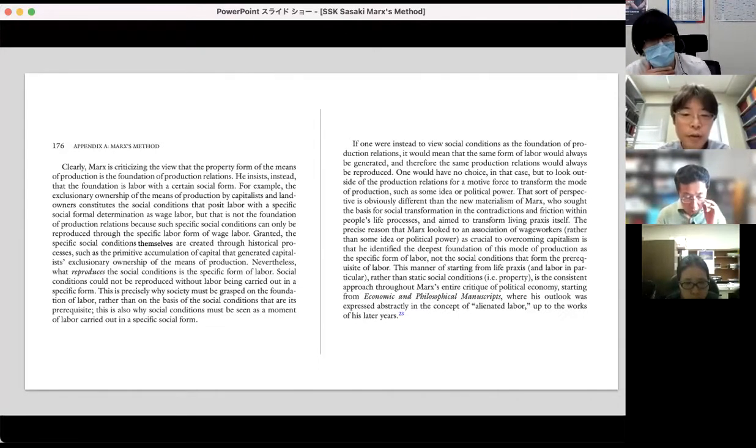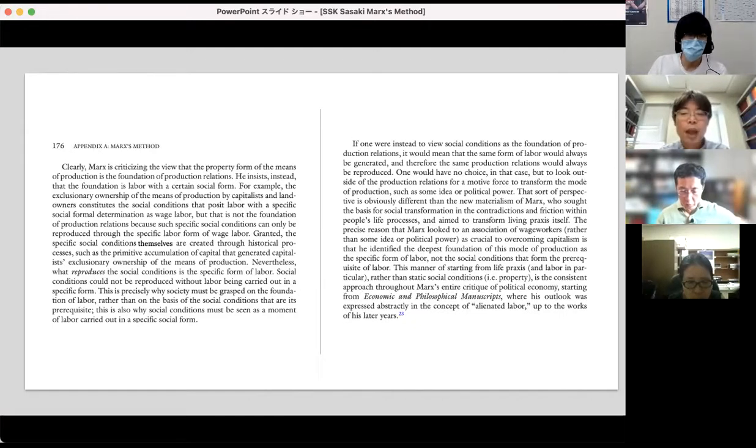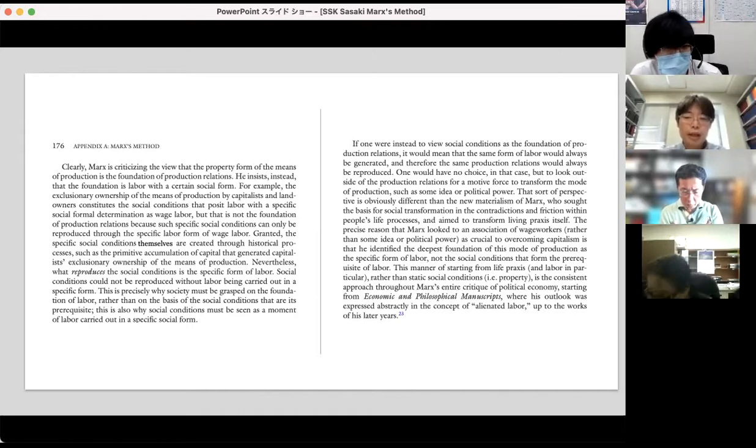Granted, the specific social conditions themselves are created through historical processes such as the primitive accumulation of capital that generated capitalist exclusionary ownership of the means of production. Nevertheless, what reproduces social condition is the specific form of labor.